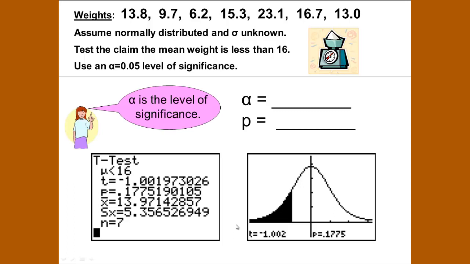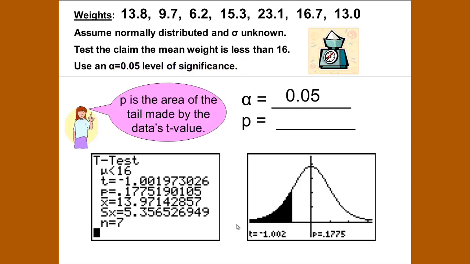Our alpha is the level of significance, which is 0.05. Our P is the area of the tail made by the data's t-value, and that is 0.1775, and we will round this to 4 decimal places.